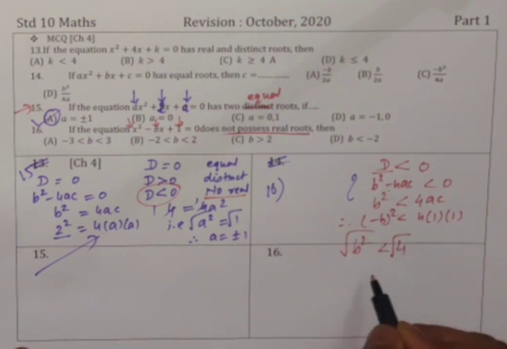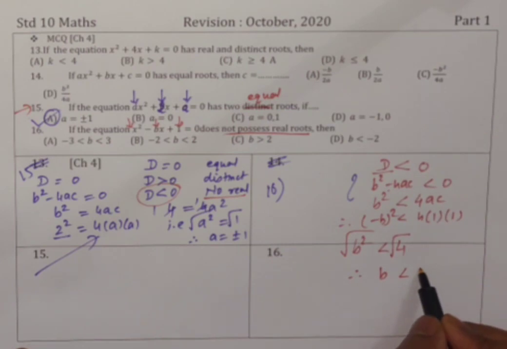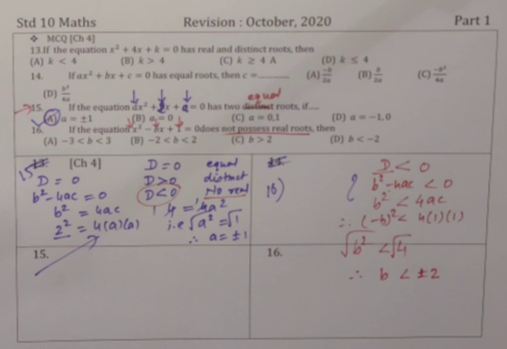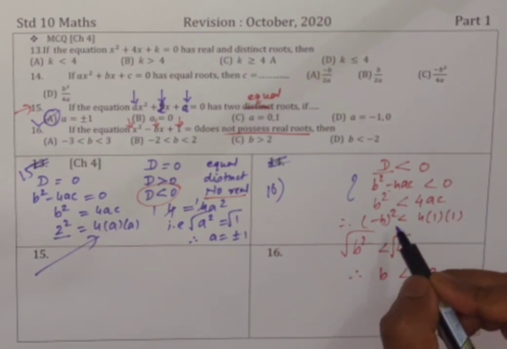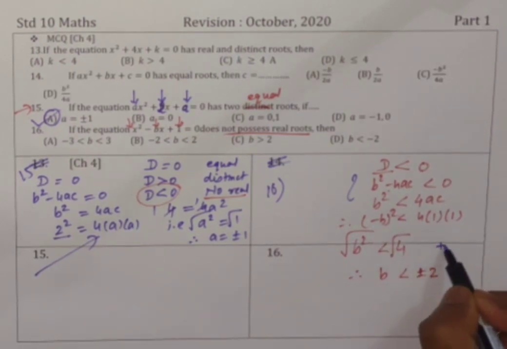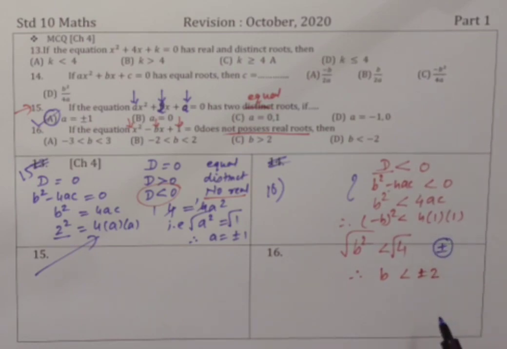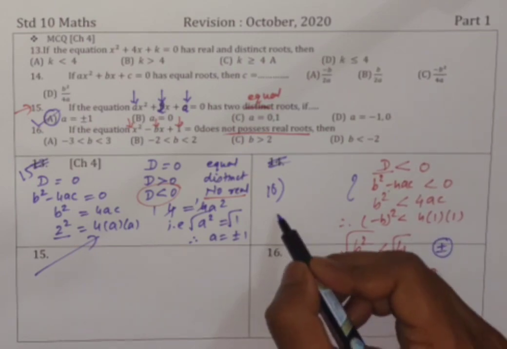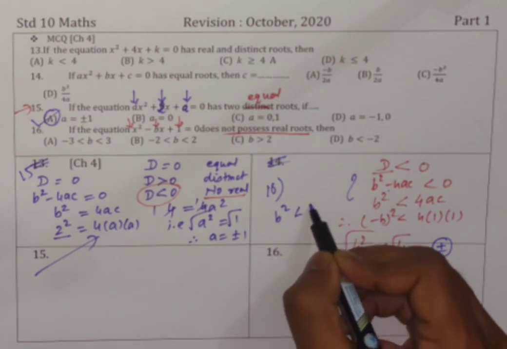Taking square root on both sides. So b is less than plus or minus 2. Children, you have to be very careful now. The value of b can be positive as well as negative. Correct? What you got? B square is less than 4.